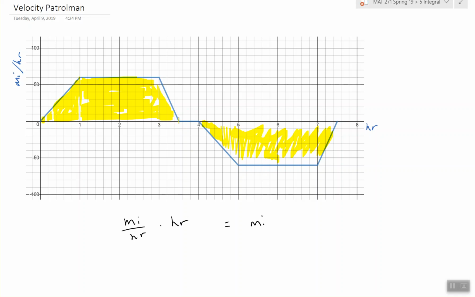At 3.5, we've got another positive area because we're above the x-axis. The base is 1/2, the height is 60, and we do 1/2 times that, so that's 15 we're adding there, and we're not adding any more area between there. Here it's negative, so we're going back the other way.